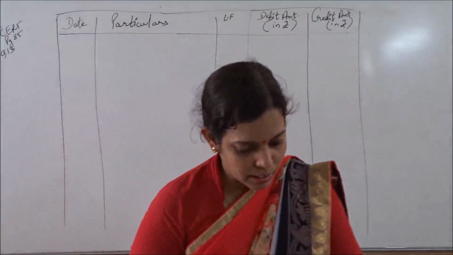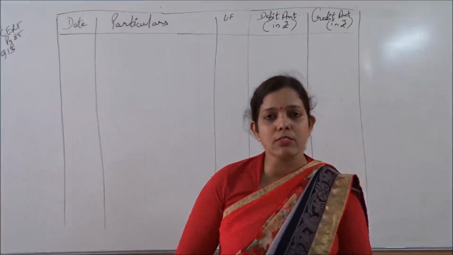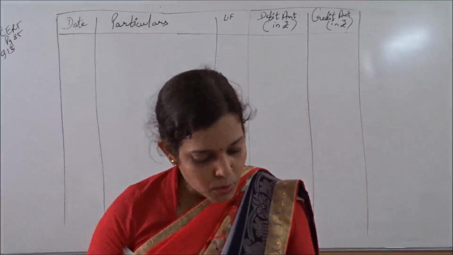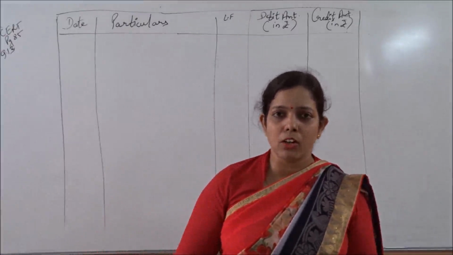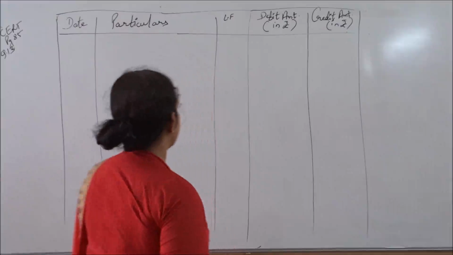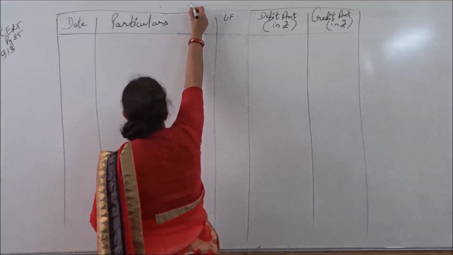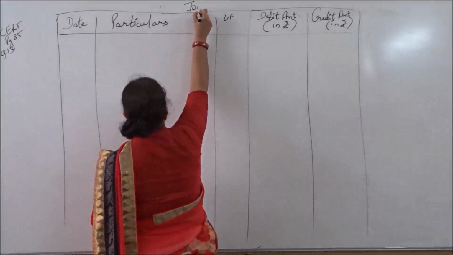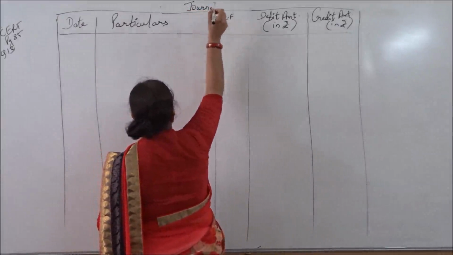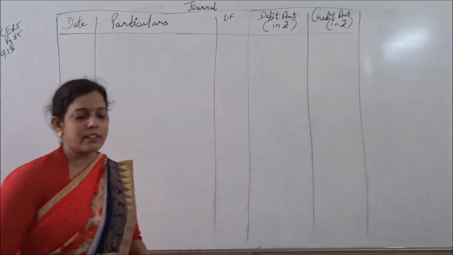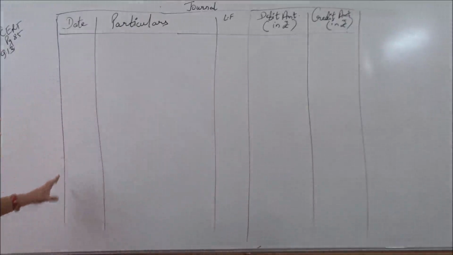Whose journal is it? In the question, it is given to journalize the following transactions. Suppose if the name of any company or proprietor is given, you have to write that name. Since no name is given, I am just writing journal. Right? Now this is the format of the journal.